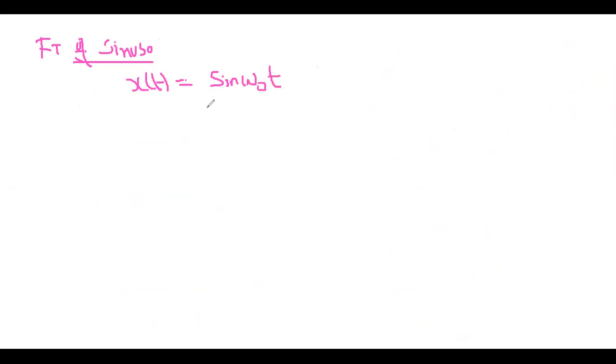What is sine omega naught t? In exponential values, it is e power plus j omega naught t minus e power minus j omega naught t by 2j, the sine function.